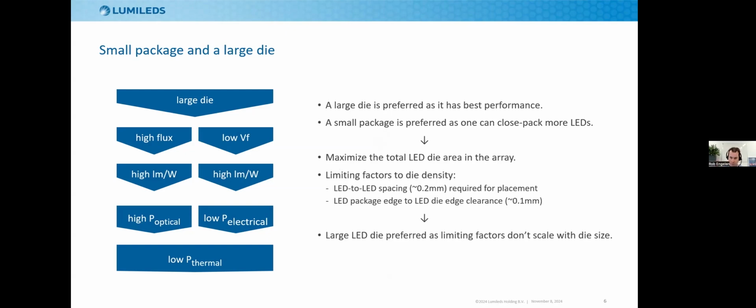And second, if we make an LED package, we need to keep some clearance of the LED chip to the edge of the package. And both of these metrics, even though they're small, don't scale with what die size we use. So to keep the impact of these limiting factors as low as possible, we need to use a large die, because that will give us the most packing of LED chip area in the array. So large die is preferred.